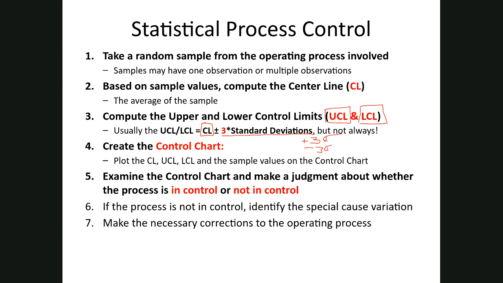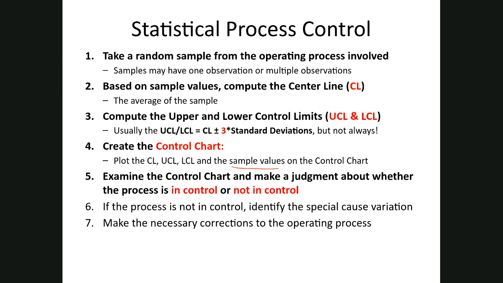And then we're going to create the control chart. We're going to plot on a chart the values of the center line, the upper and lower control limits, and also the sample values.